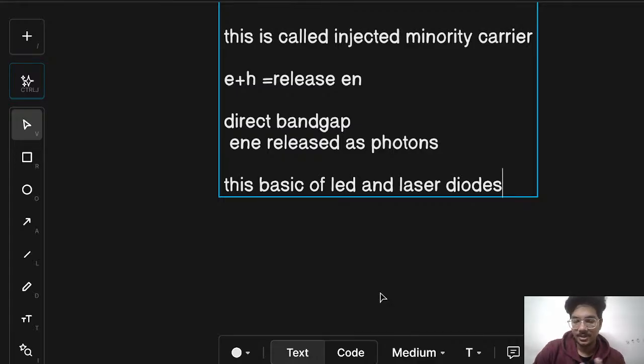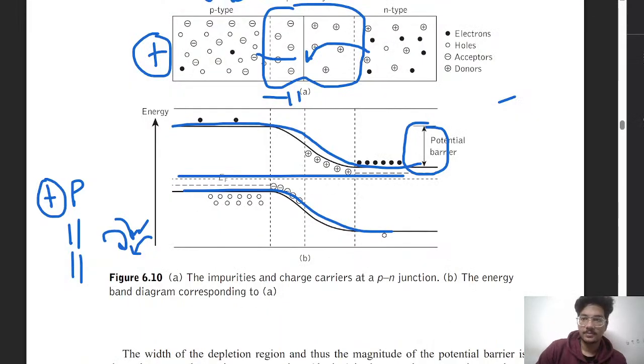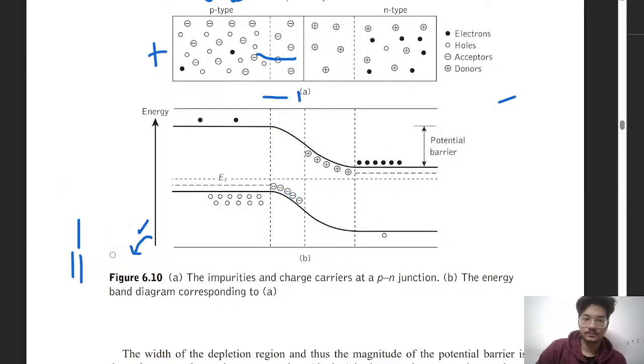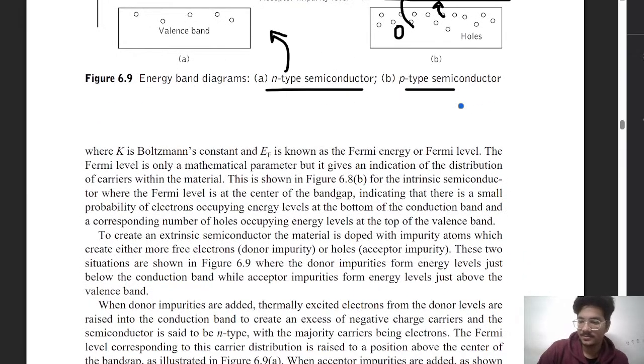In n type, the donor provides extra electrons, so the Fermi level moves up, and in p type the Fermi level moves down. In the p-n junction, the depletion region has no mobile carriers. Forward bias reduces the barrier, and injected carriers cross it.